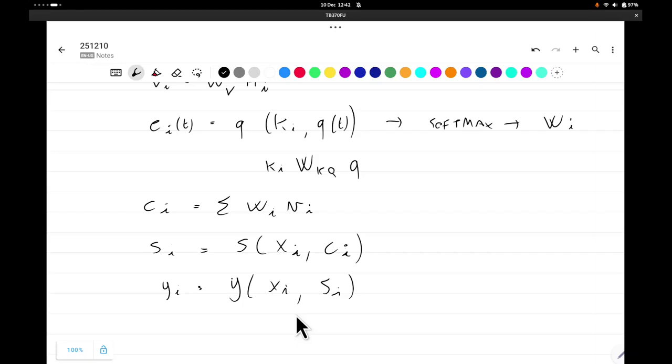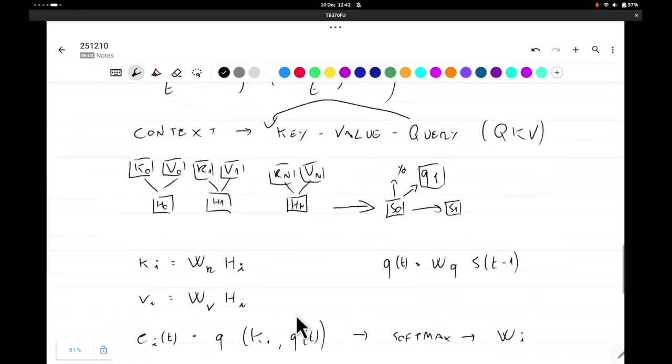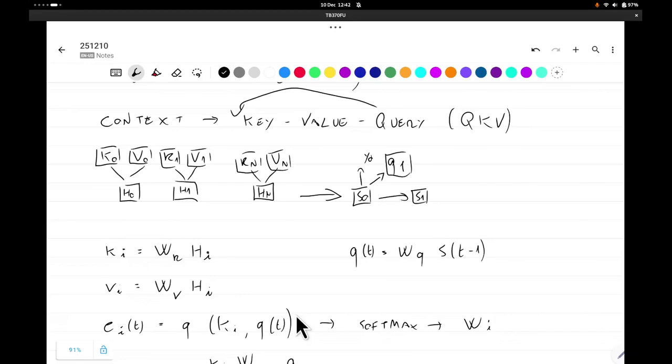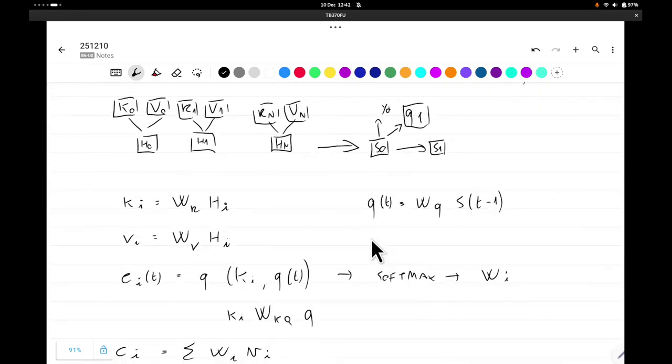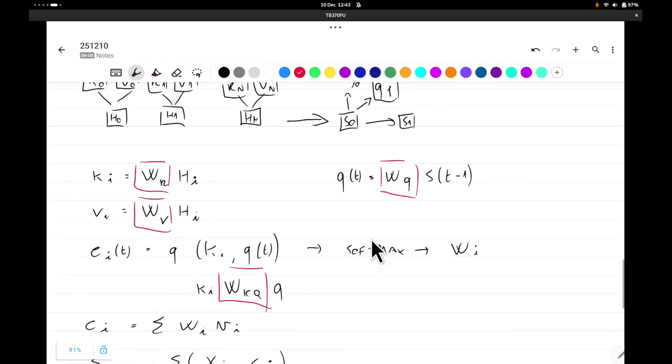So this is a generic way to say, I want that in my sequence-to-sequence learning, I focus on different parts of the input, and this is learned, right? So all these are learned parameters. Everything here are just matrices, and each of these is a learned parameter.